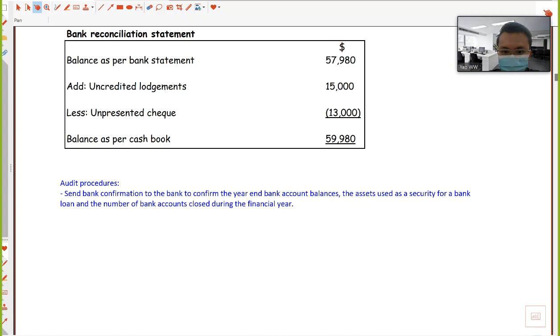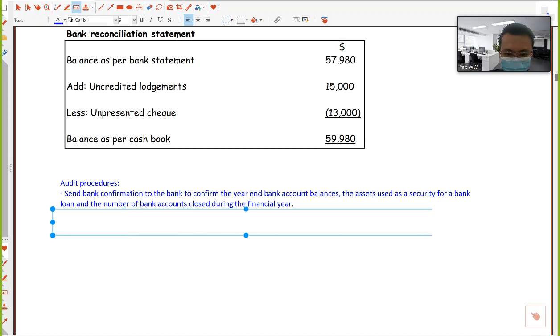So there are 4 figures here. We can write 4 procedures based on these 4 figures. So the first one, this figure must be the same as the bank statement as at year end. Okay, so we do some procedures for this figure.